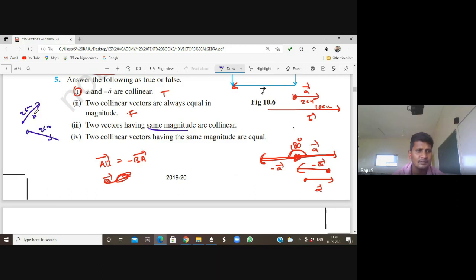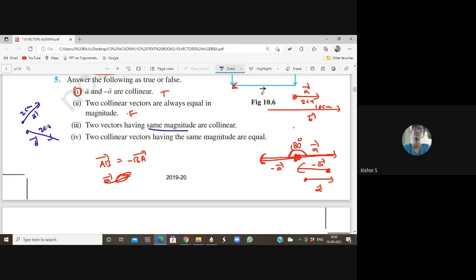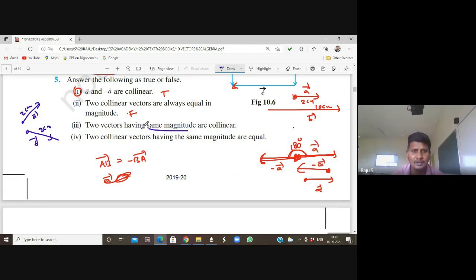This is vector A, this is vector B. Are A and B parallel? No. The magnitude is the same for vector A and vector B, but can we say that these two vectors are collinear? No, because these two vectors are not parallel. This is false.